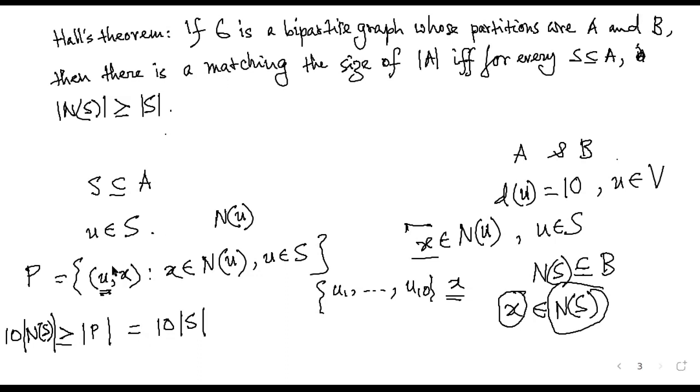If we are trying to bound the cardinality of P, we know what the cardinality of P is. It's 10 times mod of S. As you said, U will occur 10 times in P. P will have an element whose first entry is U for 10 of its elements, because there are 10 edges involving U. Consider the edge set.